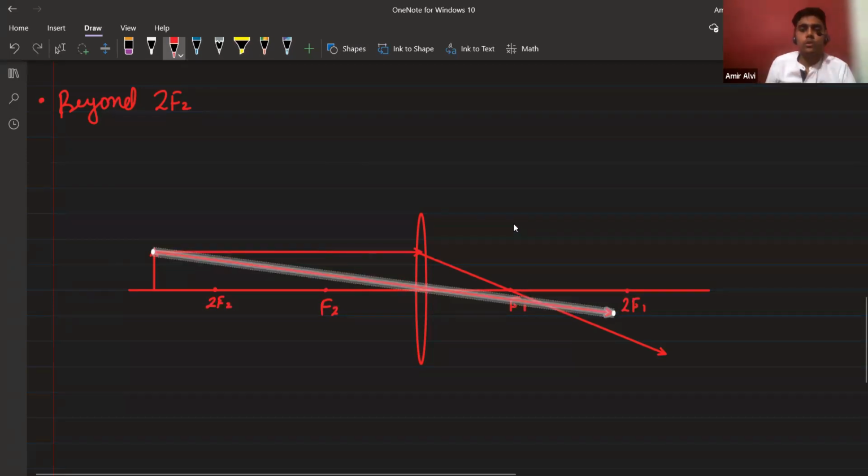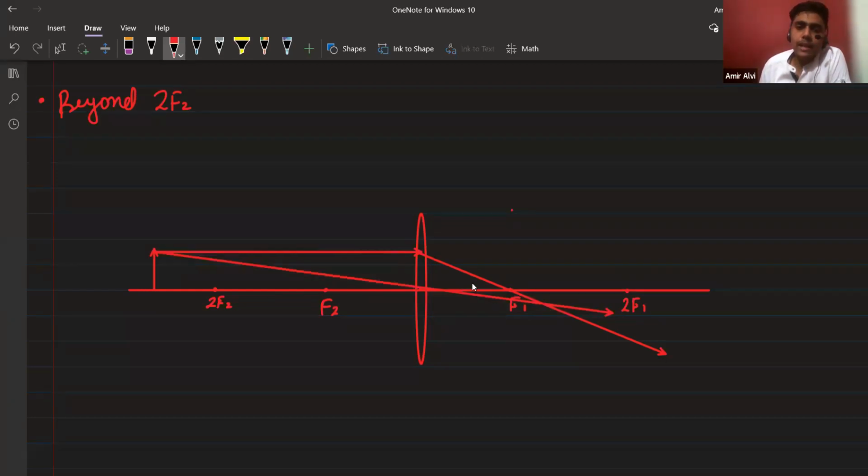So this is your other ray which is passing through the optical center. It will go straight. There will be no deviation. Yes or no? Everybody tell me. Is there any doubt in this? Clear? Okay. So you have two rays.